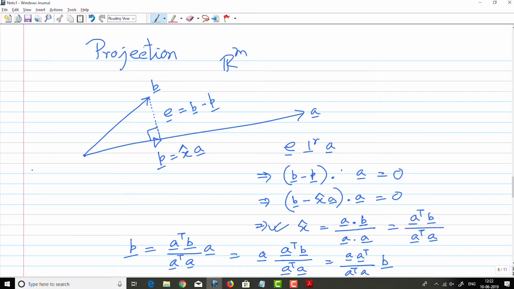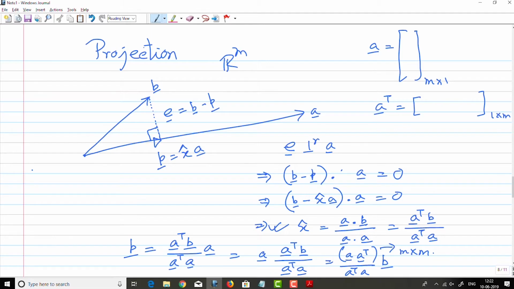See the dimension. The dimension of A is M cross 1, and the dimension of A transpose is 1 cross M. So A times A transpose is an M cross M matrix. You can say something more: this matrix will always have rank 1.